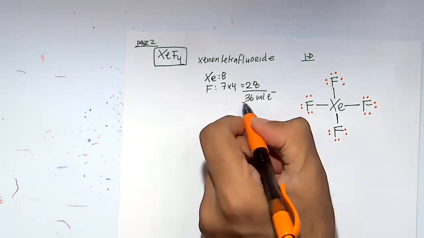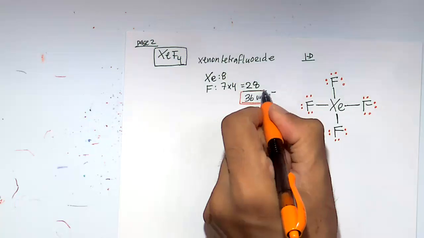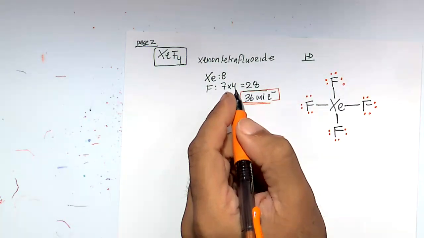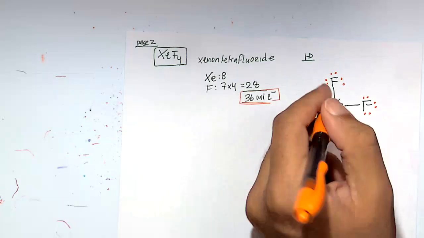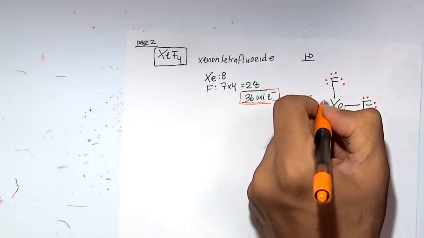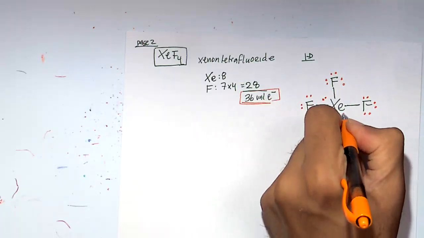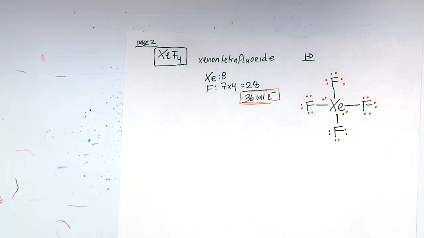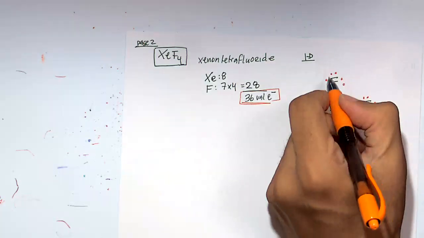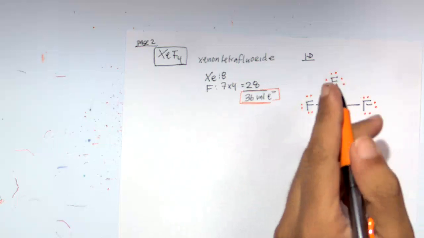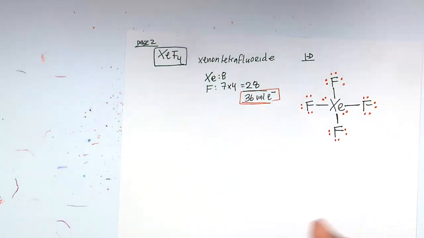But I need 36. Where will 33, 34 electron and 35, 36 electron go? They have to go to the xenon. Very good. So 33, 34, 35, 36. They go back to the central atom. You can't have a double bond with the fluorine because that's going to mess up your formal charge.